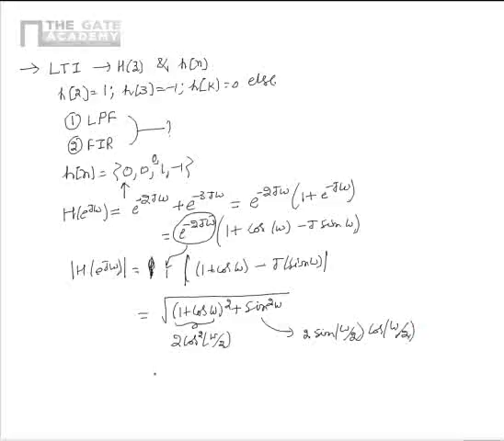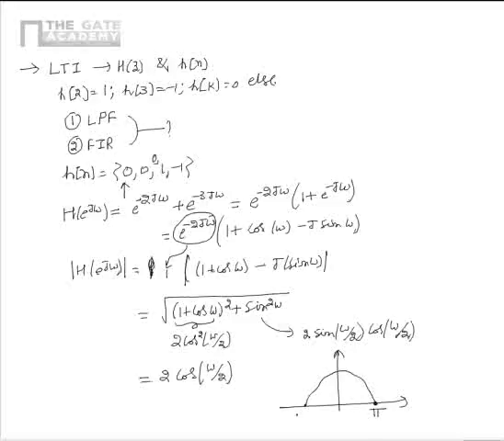Upon substitution and by using the trigonometry properties, we see that abs of H of e power j omega is equal to 2 cos omega by 2. Upon plotting this, we see that abs of H of e power j omega looks as shown.